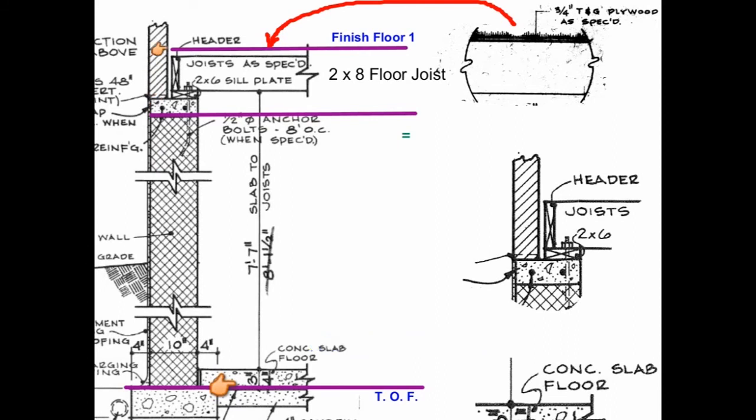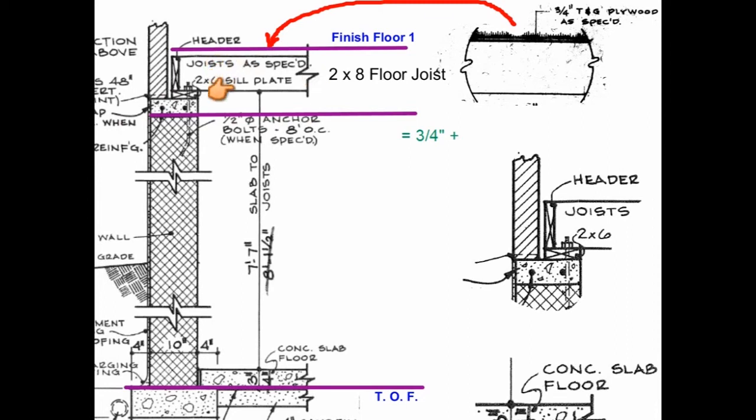For the distance between the finished floor 1 and the top of footing, we will need to add the thickness of the subfloor, which is 3/4 of an inch, plus the width of the floor joist, which is a 2x8 floor joist.